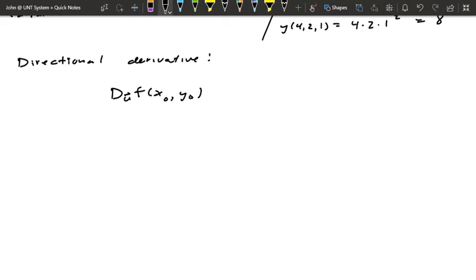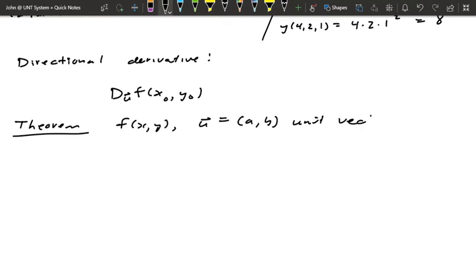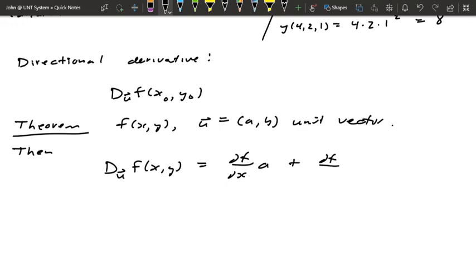And then we have this theorem which says if you're given a function f of xy in a direction u, which is always going to be a unit vector, then the directional derivative of f in the direction u is del f del x times a plus del f del y times b.